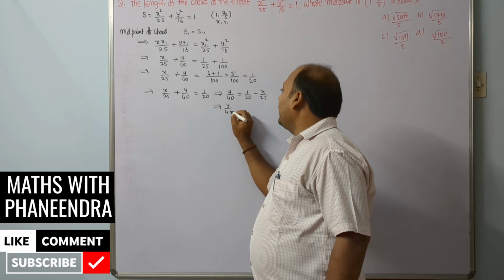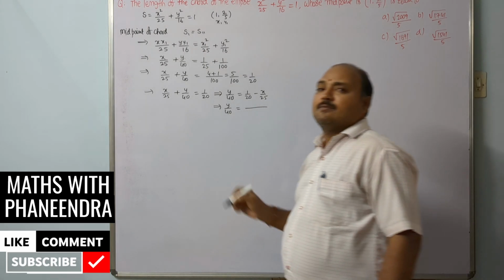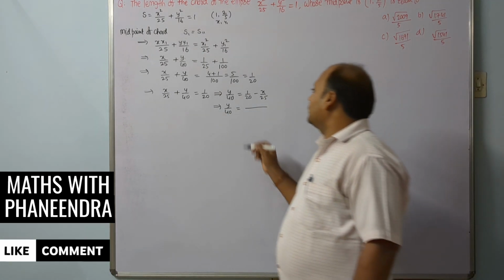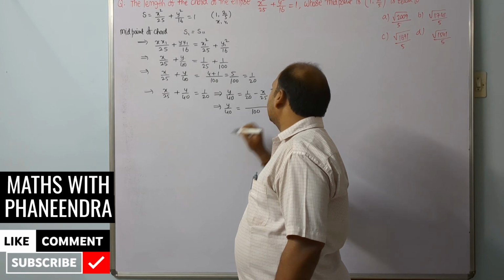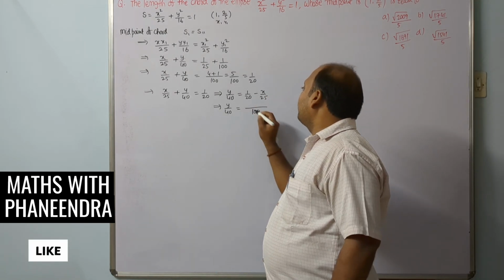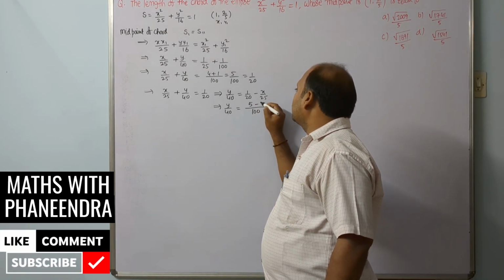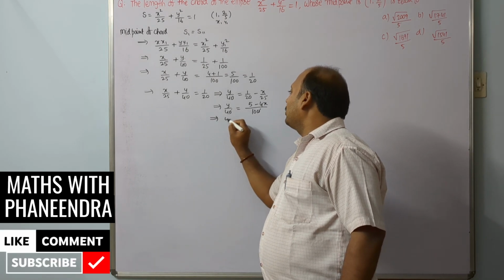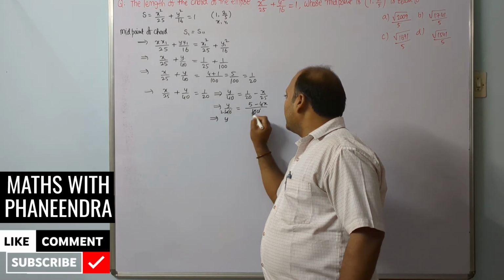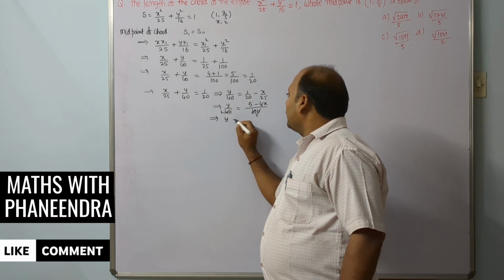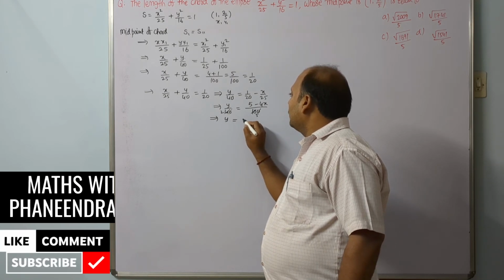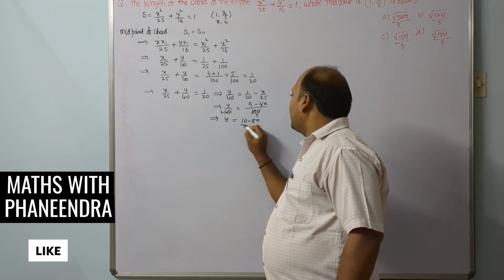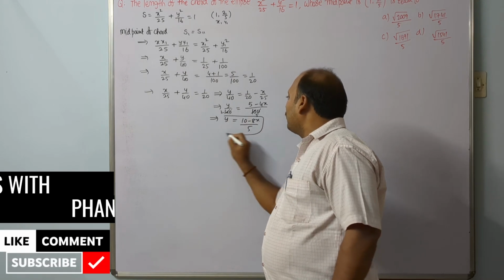For this, the LCM of 20 and 25, what is it? 100 is the LCM, dear students. So 25 fours for x. Here 0 gets cancelled. y equal to 2 2s, 2 5s. So y equal to 10 minus 8x divided by 5. This is the value of y.